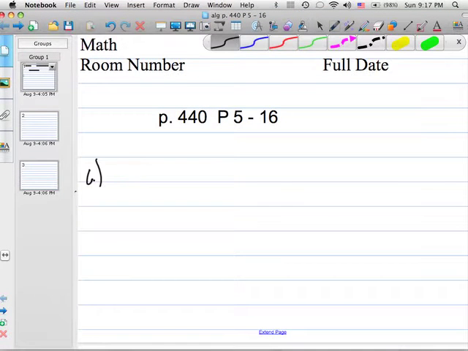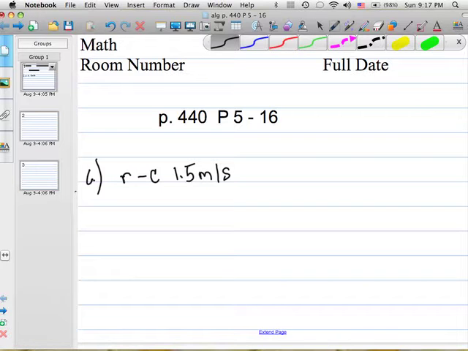Number 6 says Camille can swim against the current at 1.5 meters per second. So against the current would be upstream, and her rate is 1.5 meters per second.